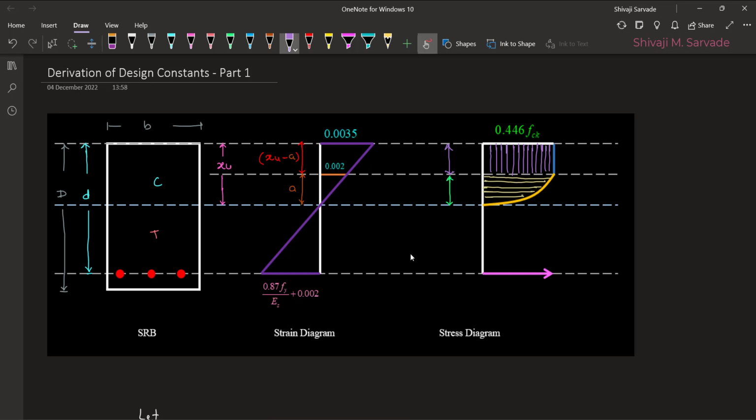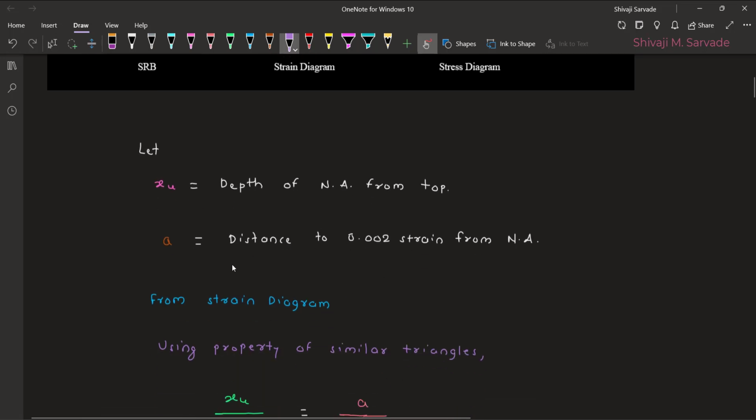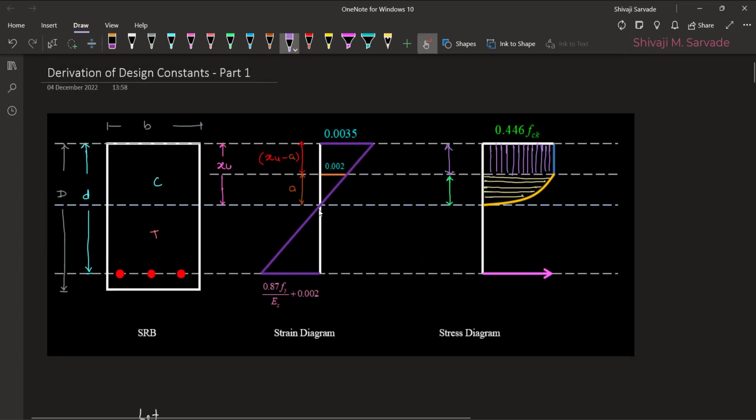So let's write a few things down. We have XU as the depth of neutral axis from top, and A is the distance to 0.002 strain from the neutral axis. Please note that the distance is measured from the neutral axis to the 0.002 strain. In this case we can apply the property of similarity of triangles.